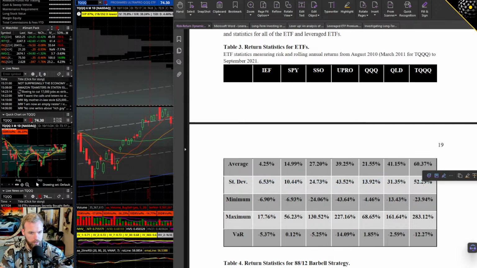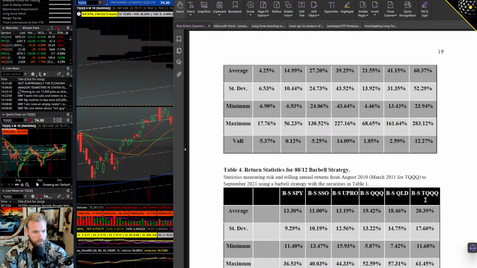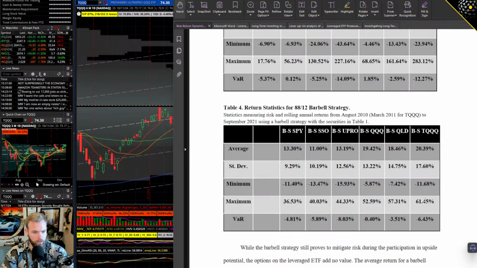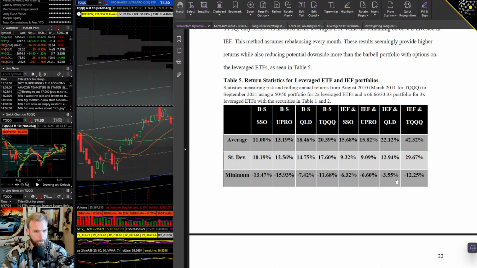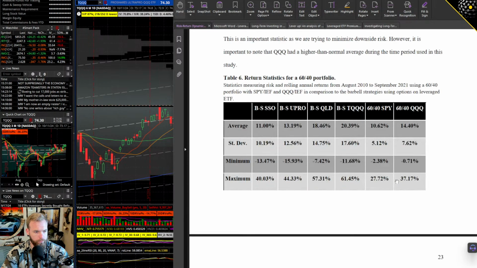That's a little interesting to me. Minimum is much better. Yeah, so this obviously will reduce a lot of the risk. Cool.